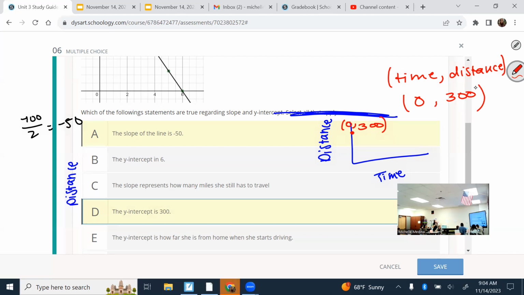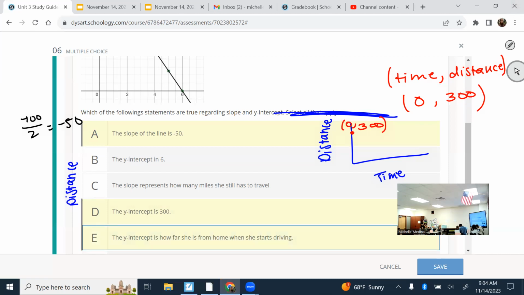So does the E option make sense? The y-intercept is how far she is from home when she starts driving. Yes. When she starts driving, that starts the time, right? So 0 for the time. And that's how far she is from home is what the y-axis we said. So that so far makes sense.